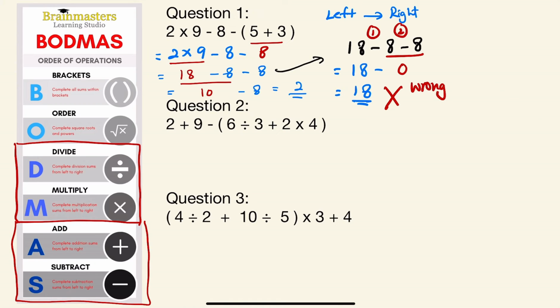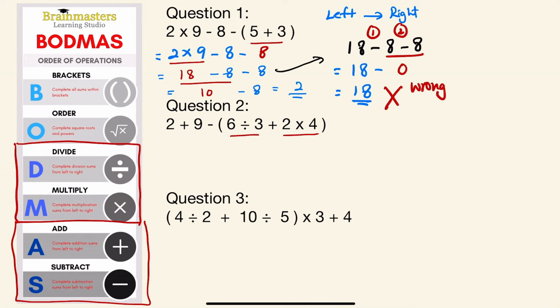Within the bracket, we are able to do the division and the multiplication simultaneously because they do not overlap. What do I mean? When I underline this and I underline this, they do not overlap. They are separated by the plus, so that allows me to do them separately. They do not interfere with each other's numbers.